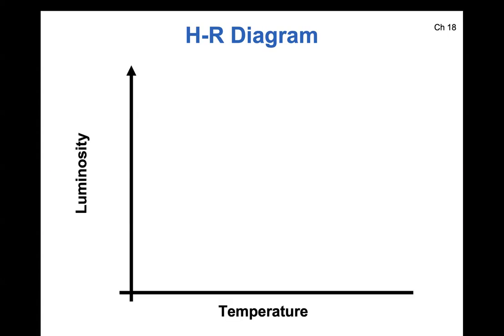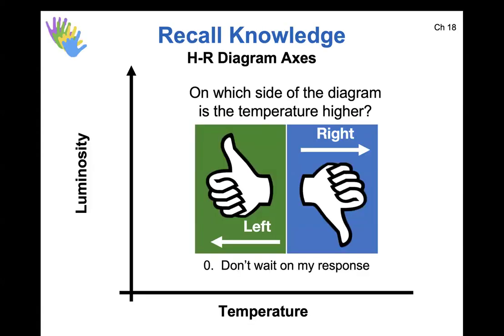Okay, so then we go back to the all-important HR diagram, what I described as the equivalent of the periodic table to chemistry, but for astronomy. Looking at this graph, luminosity on the vertical axis, temperature on the horizontal, on which side of the diagram is the temperature higher?